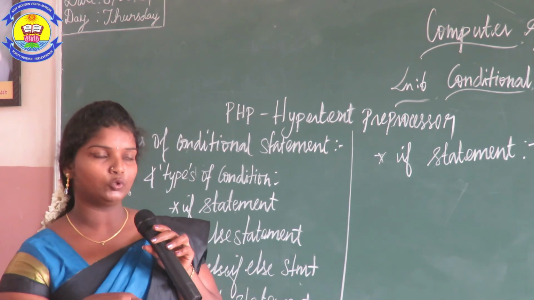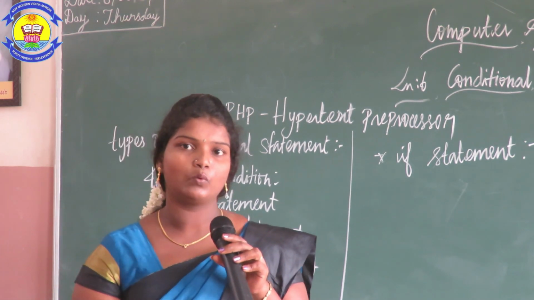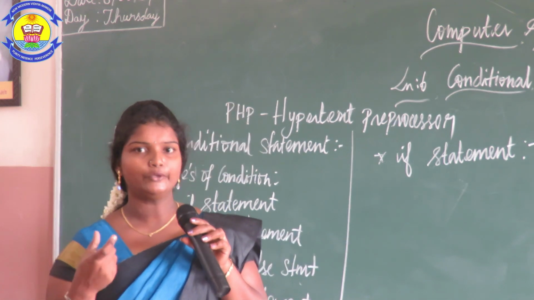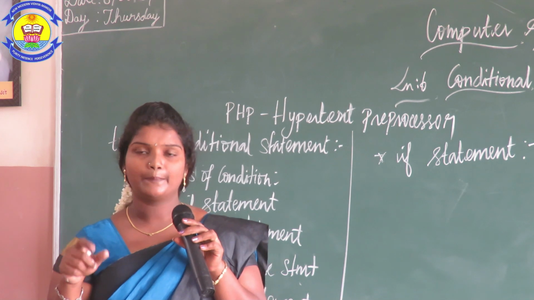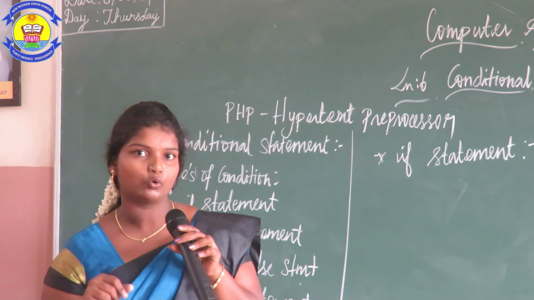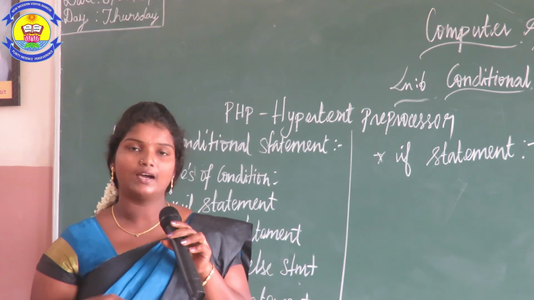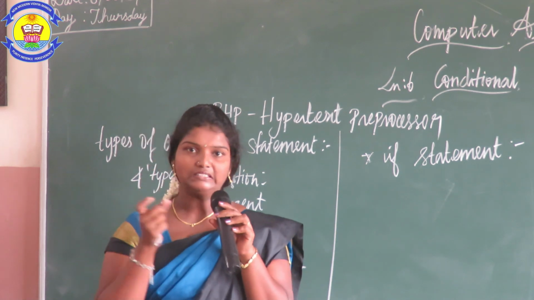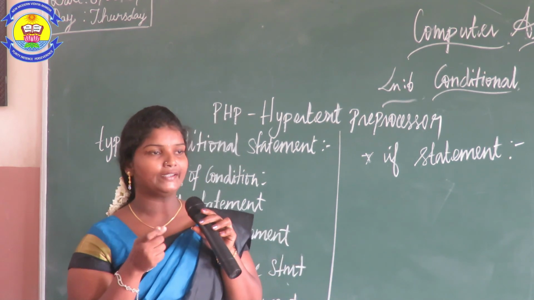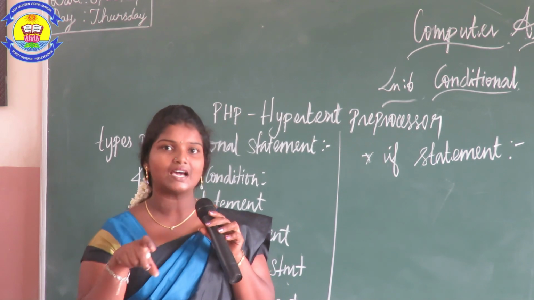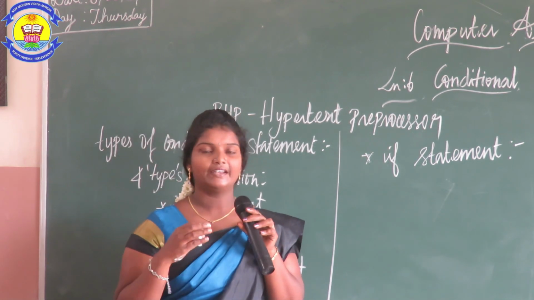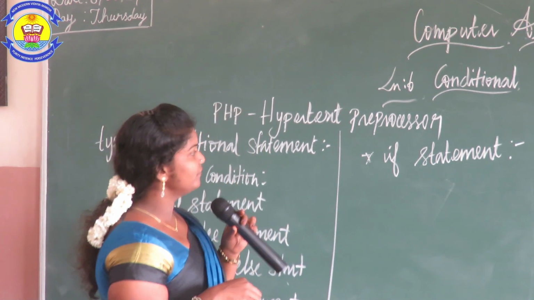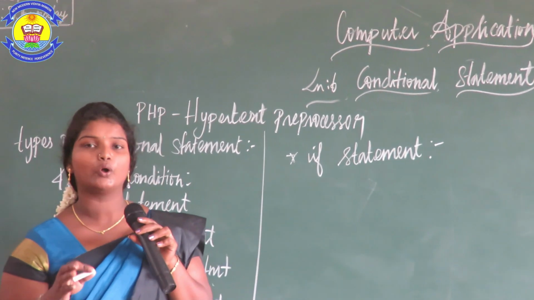If I am coming on a road where repair work is going on, I think I am going to school depending on the time, within 9 o'clock. A lot of roads are available to reach our school, but we need to be there within 9 o'clock. So we are going to take an alternative path to reach our school. Like this, day to day we make different decisions. So if statement means making decisions only for true.